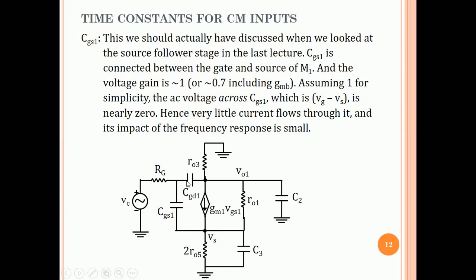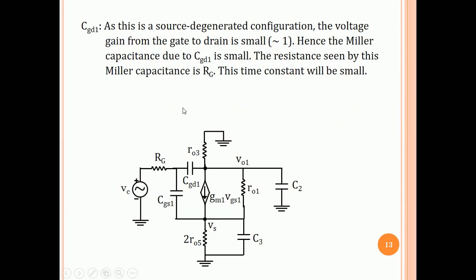Okay, CGD1 is this one. Now because this is again a circuit with source degeneration, the voltage gain VO1 by VC is roughly minus RO3 by 2 RO5, right? In fact, that is a common mode gain of this circuit, and the common mode gain is of course small. It typically is of the order of 1, it of course depends on the actual values of RO3 and RO5, but let us assume it is 1. So the gain from VG to VO1 is 1.